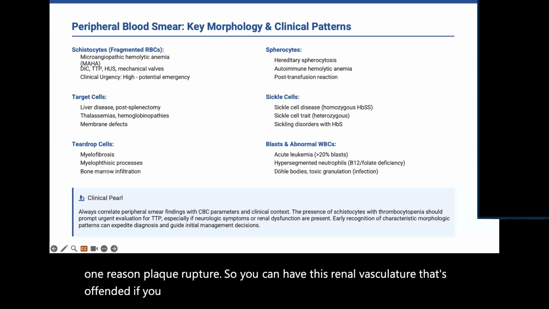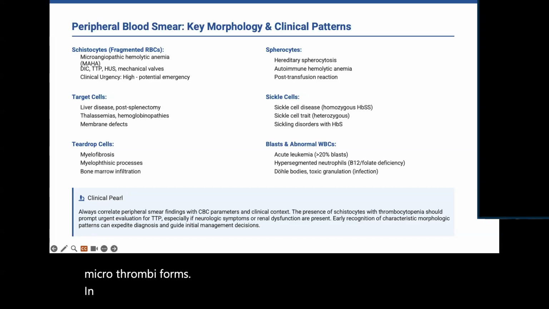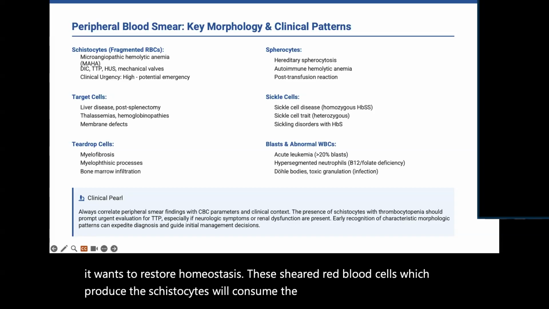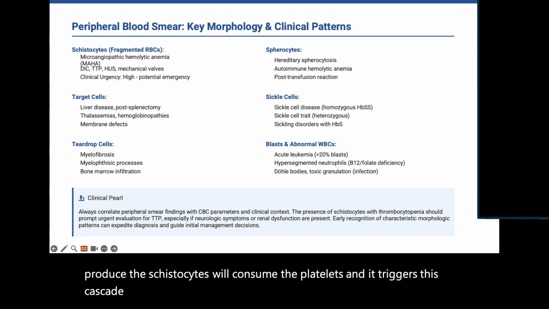We've offended the endothelium, and platelet-rich microthrombi form in the small vessel, right? Because if you destroy it, the body wants to heal it. It wants to restore homeostasis. These sheared red blood cells, which produce the schistocytes, will consume the platelets, and it triggers this cascade that we're calling hemolytic uremic syndrome.